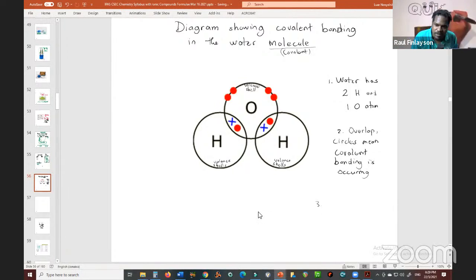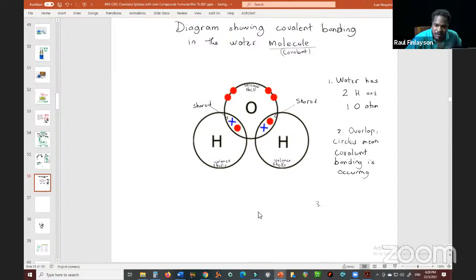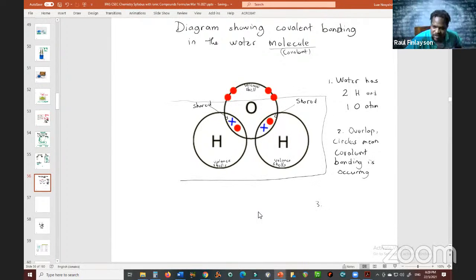But then I wanted to also take another look at the diagram and see something else now. They are sharing. So the hydrogen is okay. Right here, hydrogen, this is shared, and this is shared. So that's sharing. Notice that this part alone takes part in the bond. This is where the covalent bond takes place.